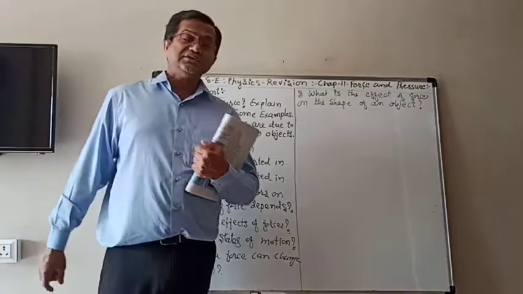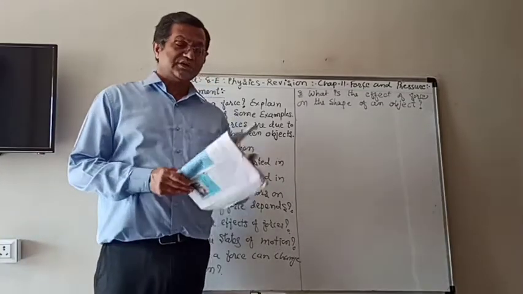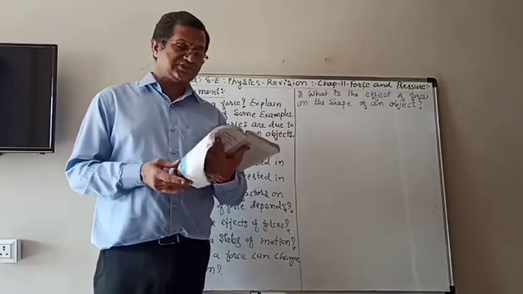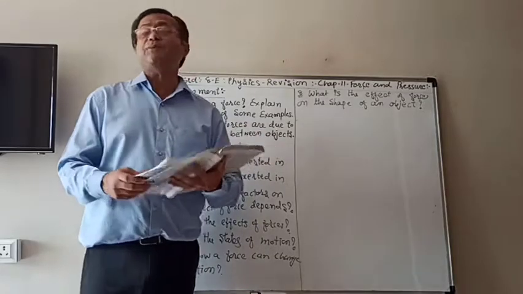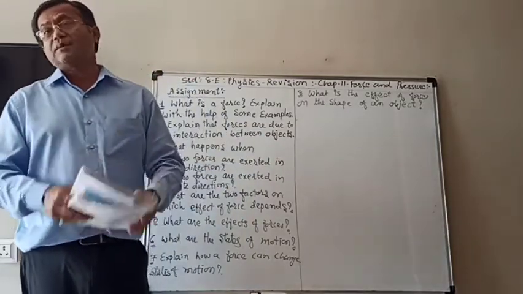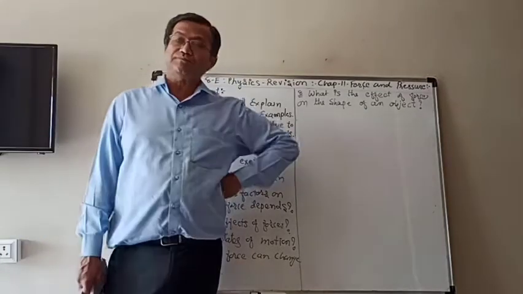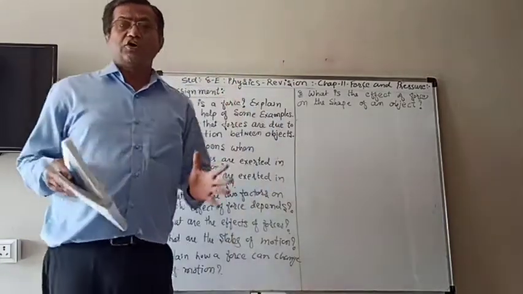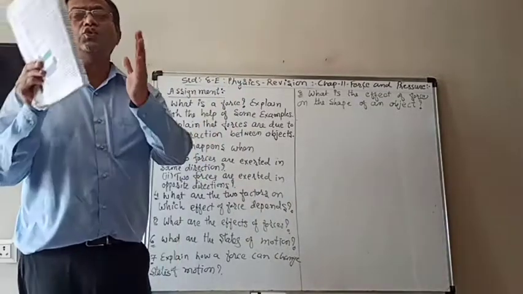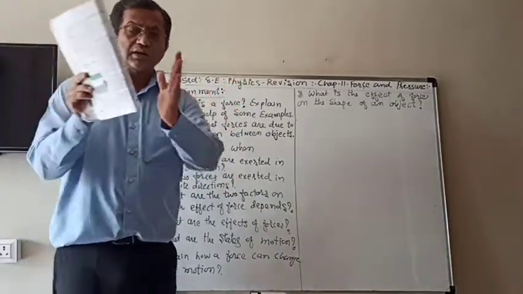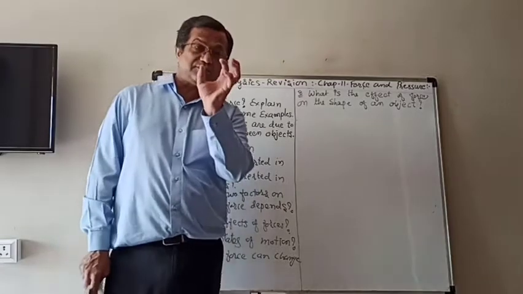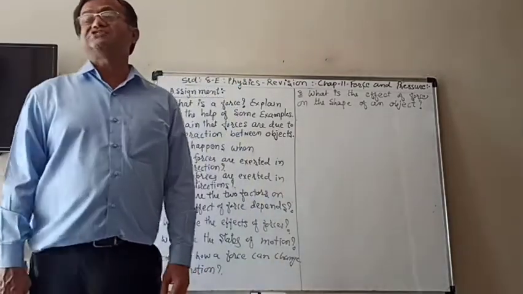Then another change you see is that force can change the shape of an object. For example, if you take an inflated balloon and hold it between your two palms and apply force, you will see that it changes shape.